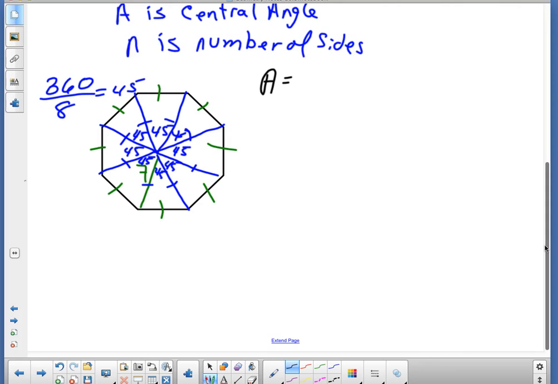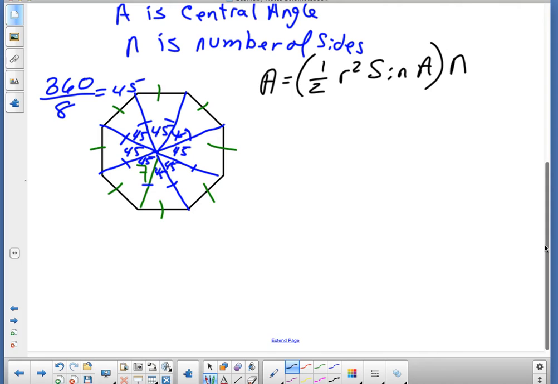You take the triangle formula, BC are the 2 sides. In this case, we're going to call them R for radius. R squared, sine of A, our central angle, 360 divided by the number of sides. And how many sides do we have? N in a polygon.